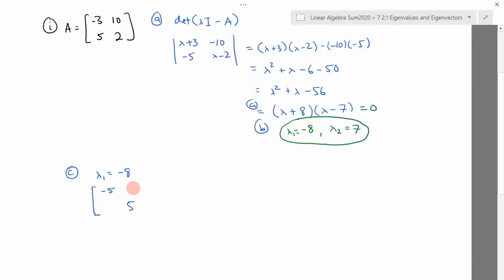And then the other entries stay the same, so this is minus 10, minus 5. Oh, I plugged the wrong number in, right? So let's go back. My eigenvalue is lambda 1 equals minus 8.